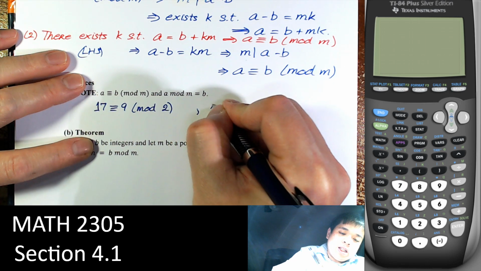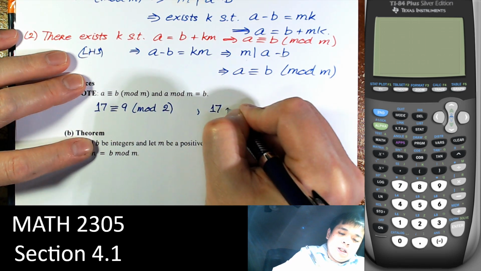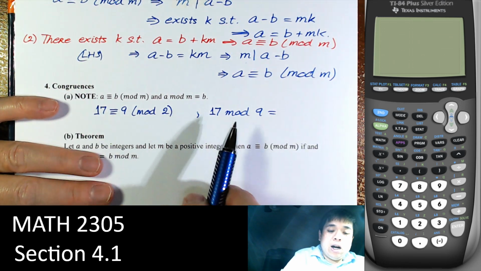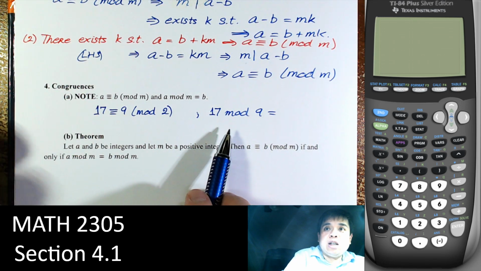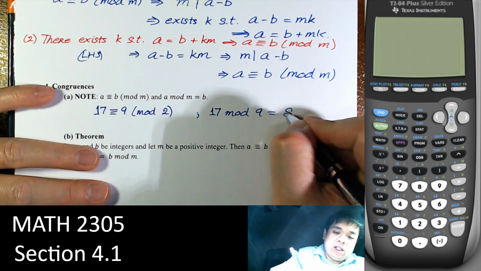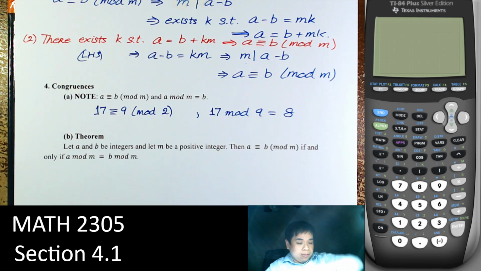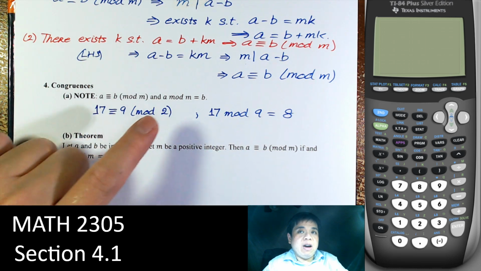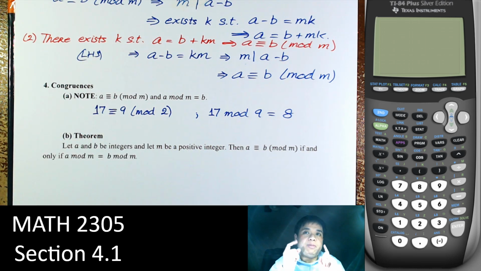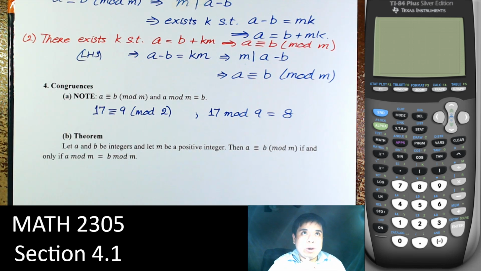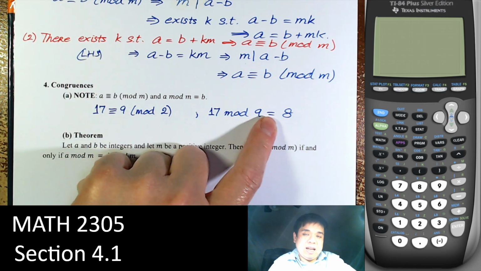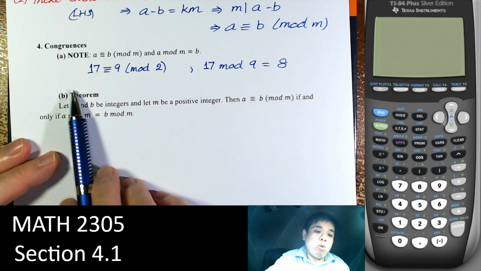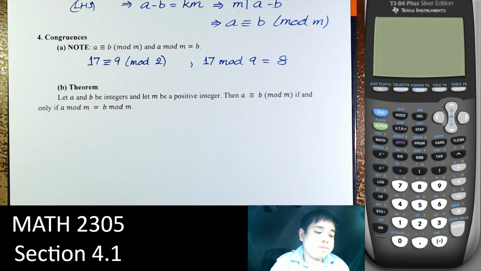But if we take 17 mod 9, 17 divided by 9 is only one time, and the remainder is equal to 8. So that's different here. 17 divided by 2, the remainder is 1. 9 divided by 2, remainder of 1. Since they have the same remainder, they are congruent. Now these are completely two different things. This is the relation, this is the operation.